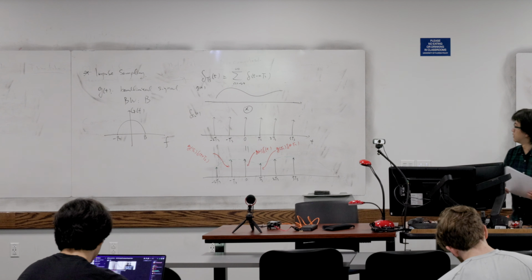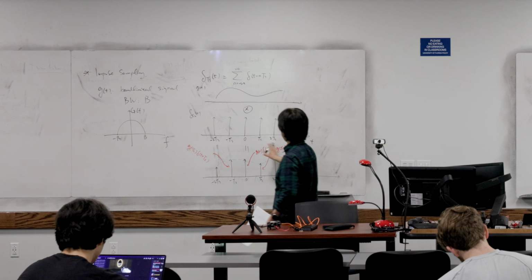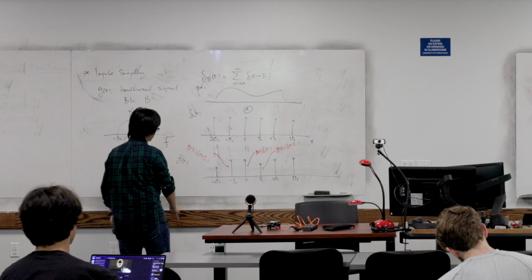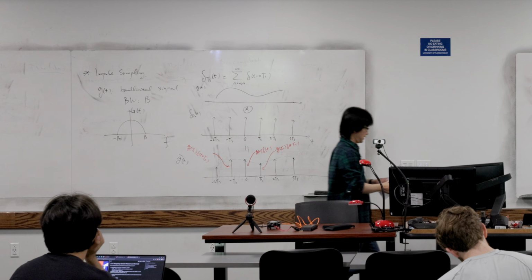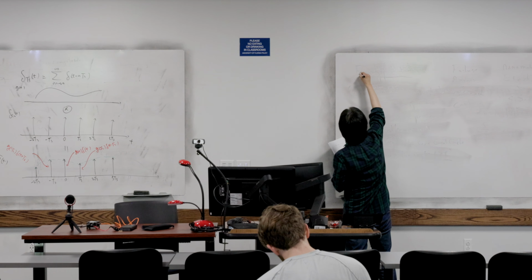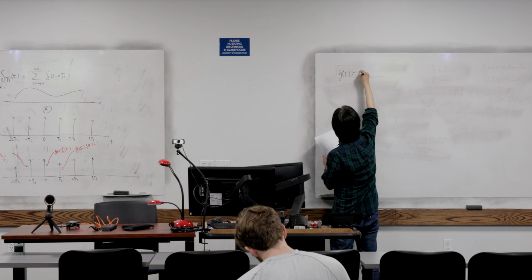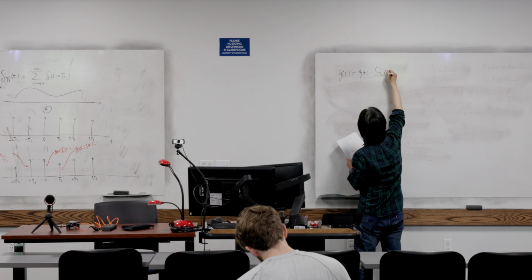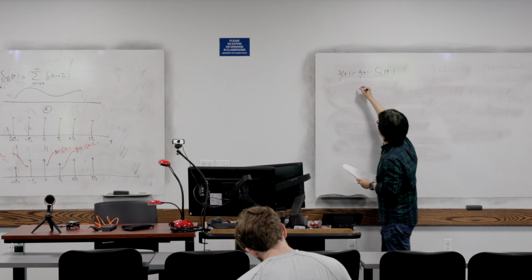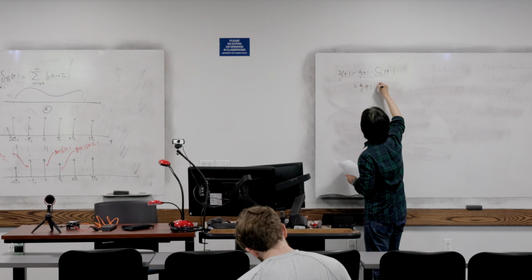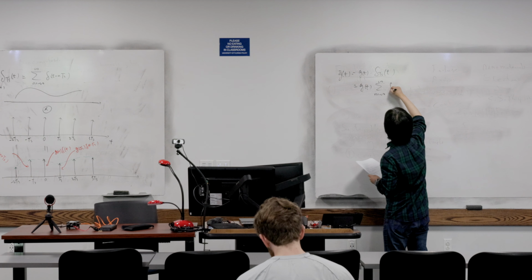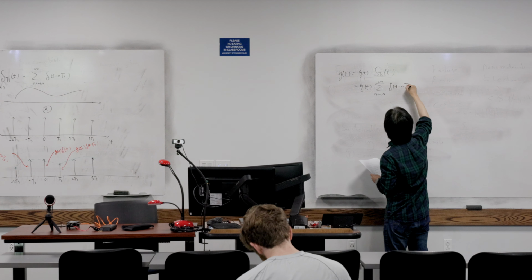So we denote this multiplied signal as g bar of t. Then we can write g bar of t equals g of t multiplied by the summation of a bunch of delta functions, delta of t minus n Ts.